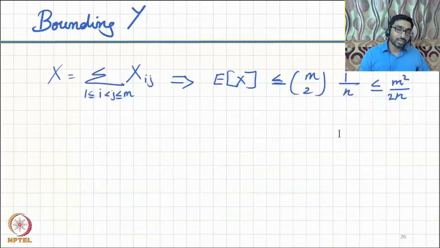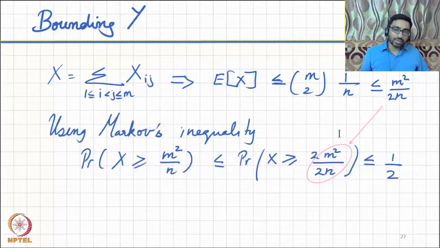And of course, our interest is counting the total number of collisions. So we'll define uppercase X to be the summation of all these xij's. And if we look at it this way, the expectation of X is at most m choose 2 times 1 over n, which is at most m squared over 2n.